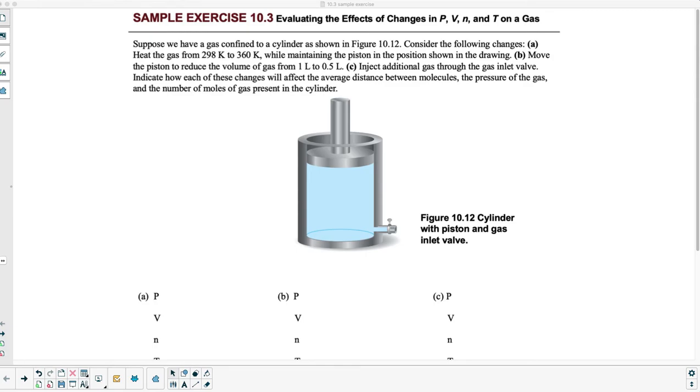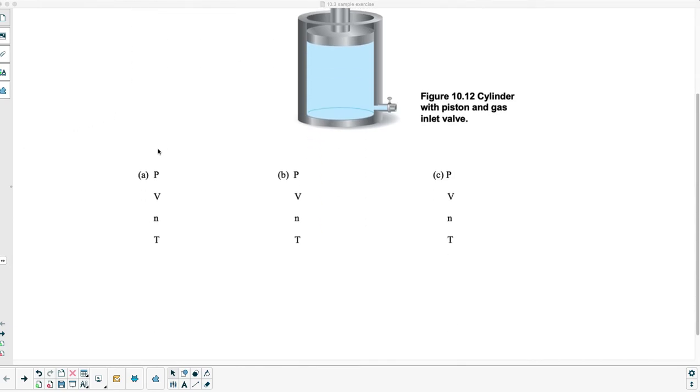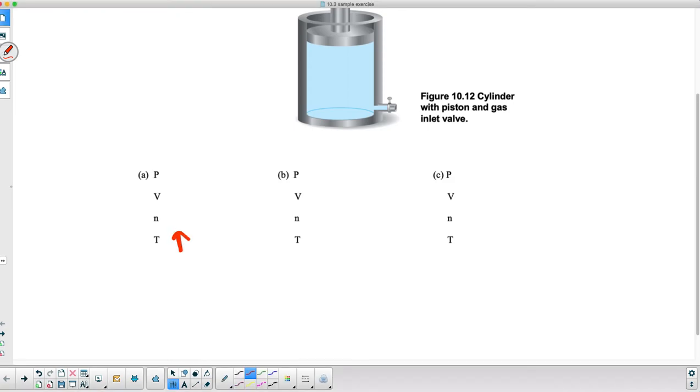It says, heat the gas from 298 K to 360 K while maintaining the piston in the position shown in the drawing. Okay, so the question is, what happens to pressure, volume, number of moles, and temperature? So what we know from this, of course, is that when we're heating, our temperature is going up.